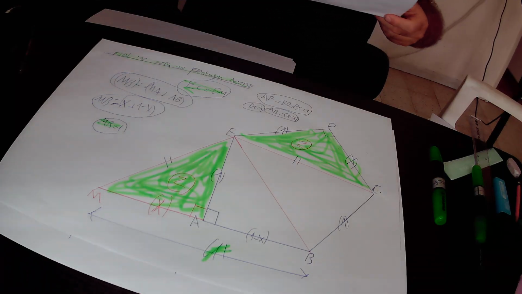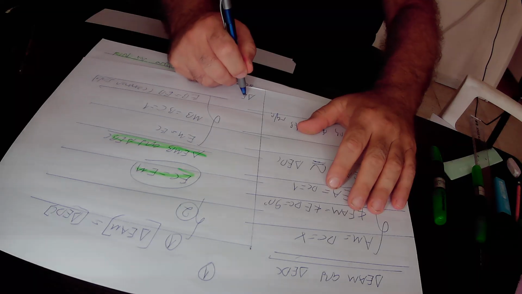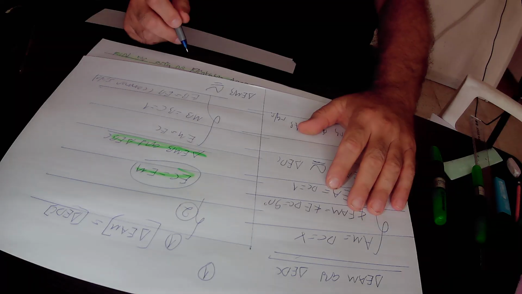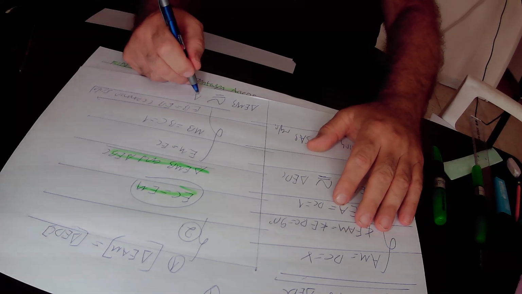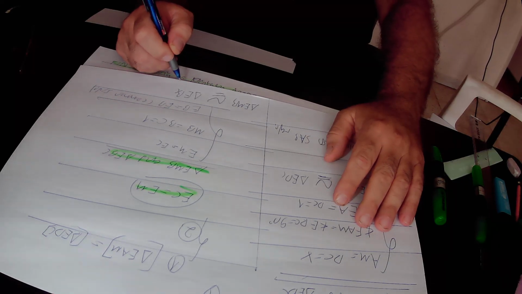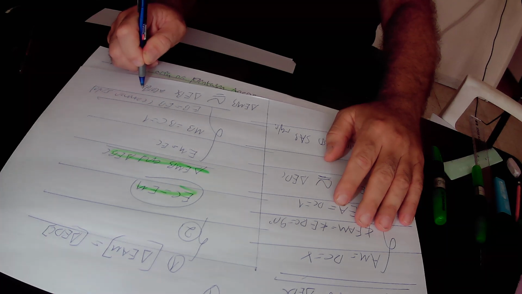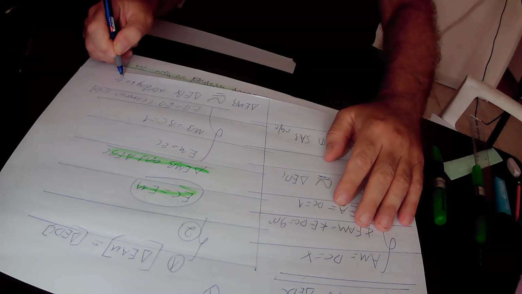So until now, we found out that triangle EMB is congruent to triangle EBC according to side rule.